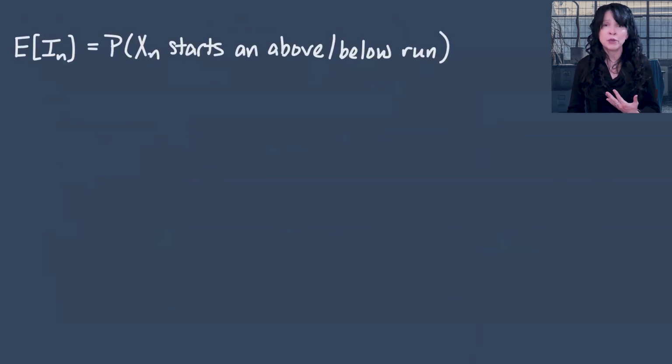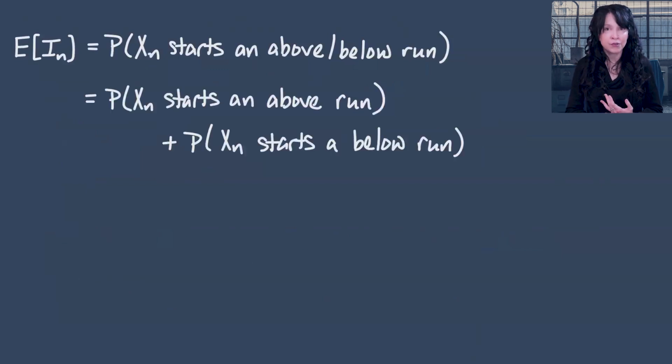So this can be broken up into 2 cases, whether it's either starting an above the mean run, or a disjoint event, it's starting a below the mean run. So we get to add those probabilities. And in order to have us starting an above the mean run, what do we need? We need Xn to be above the mean, and we need it to be not within another run above the mean.